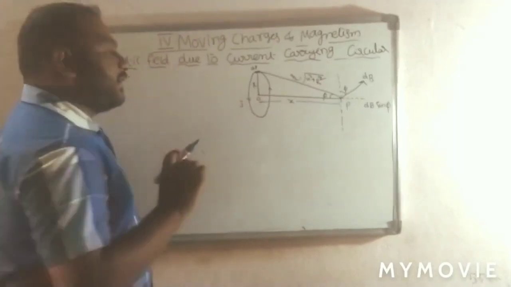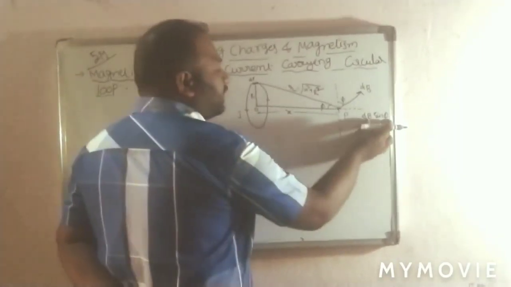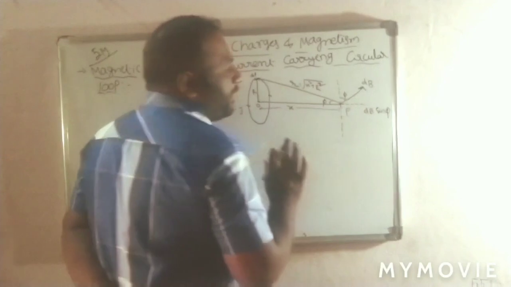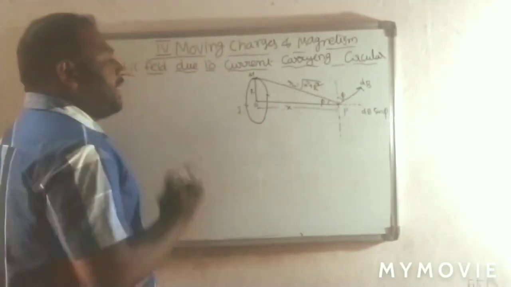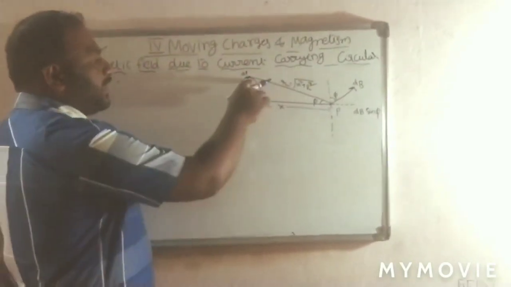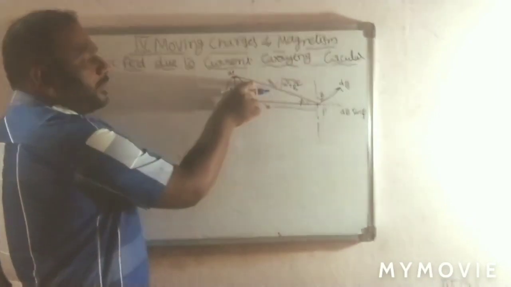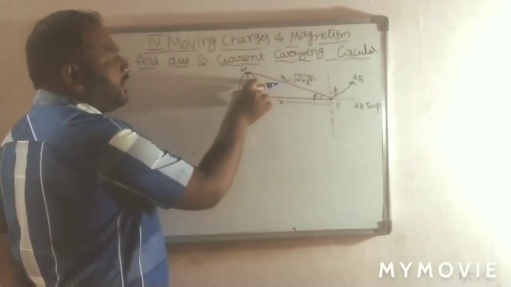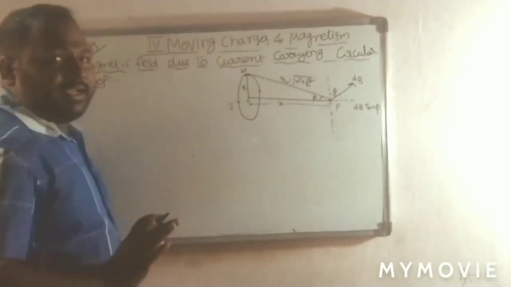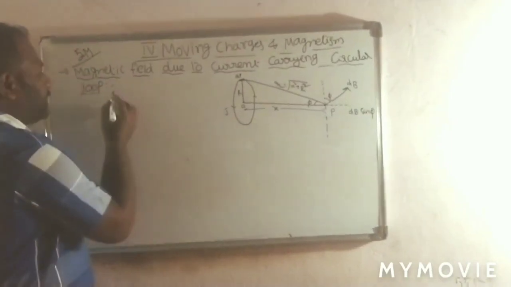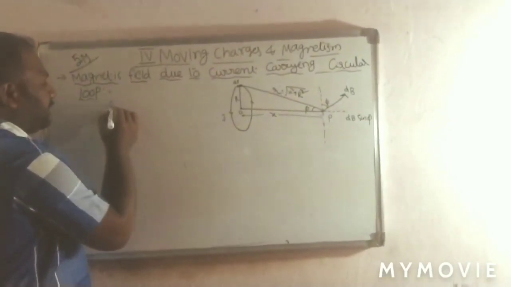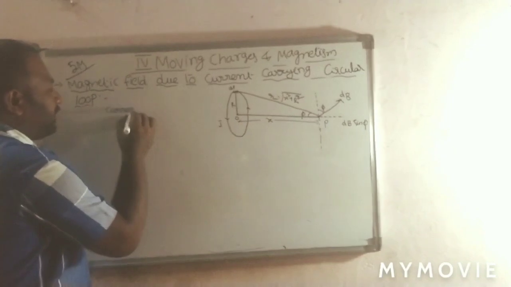Only the magnetic field along this direction, that is dB sin phi, remains. Okay, clear? And another point: here the angle between the distance vector r and the current element can be taken as 90 degrees. So now from this, consider the current element.